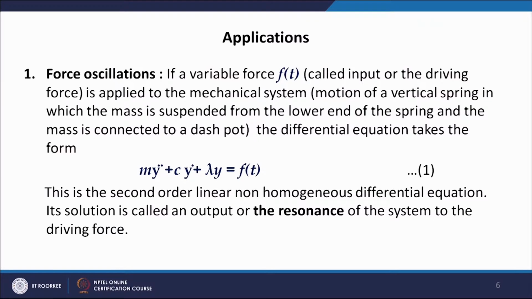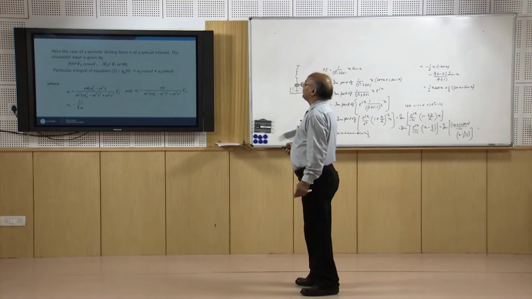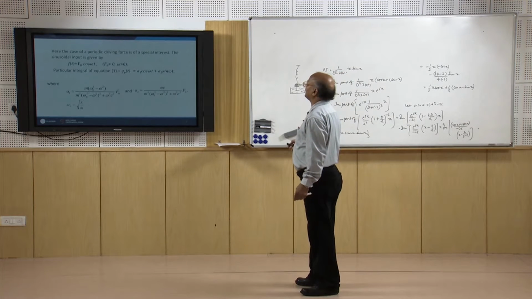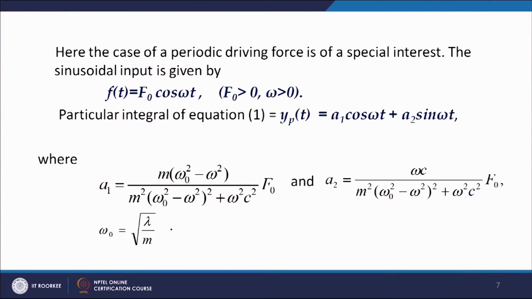Now, in the case of this non-homogeneous differential equation, we generally consider a periodic driving force because we have a special interest in this. So, let us consider f(t) equal to f naught cos omega t, where f naught is positive and omega is positive.